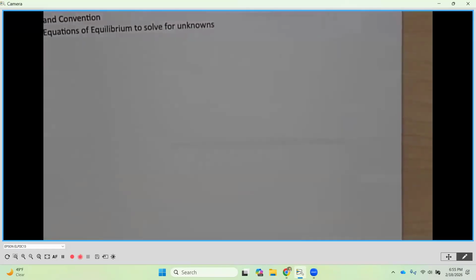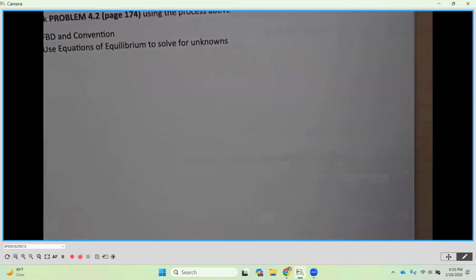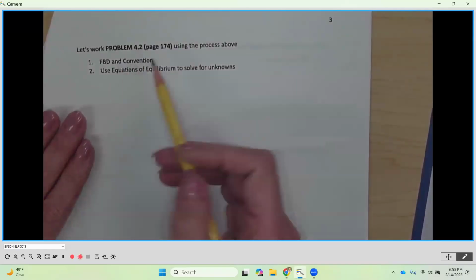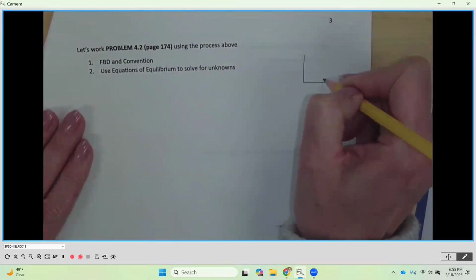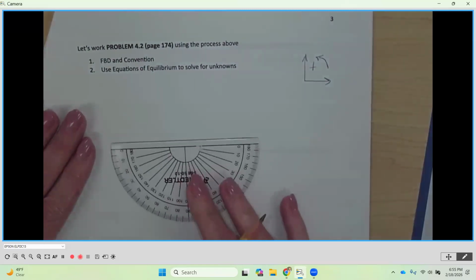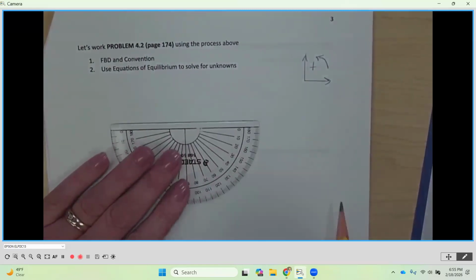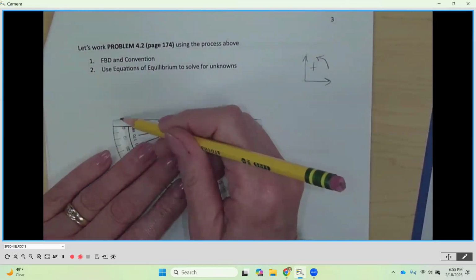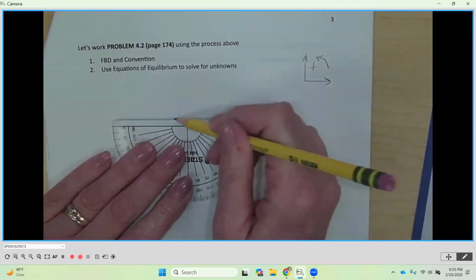Actually, I'm going to add my convention first. I'm going to put it in the upper right-hand corner here because we don't want to forget it. For this problem, all we are going to do is draw a horizontal line.